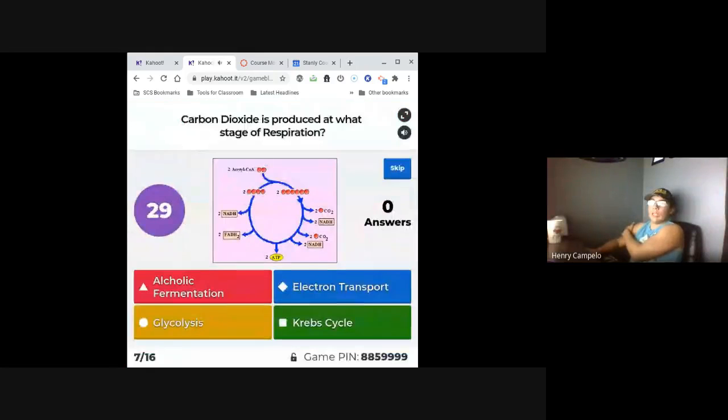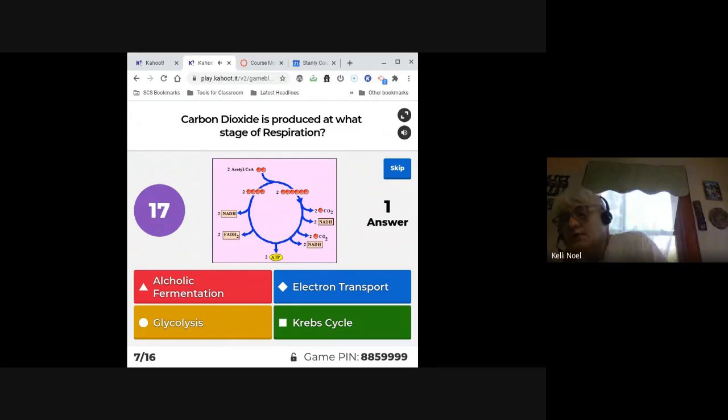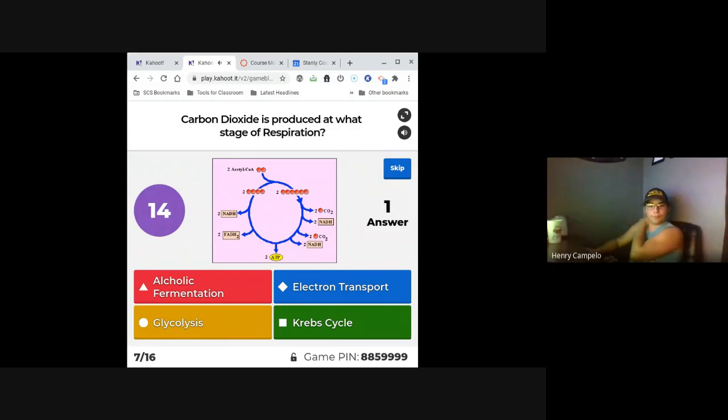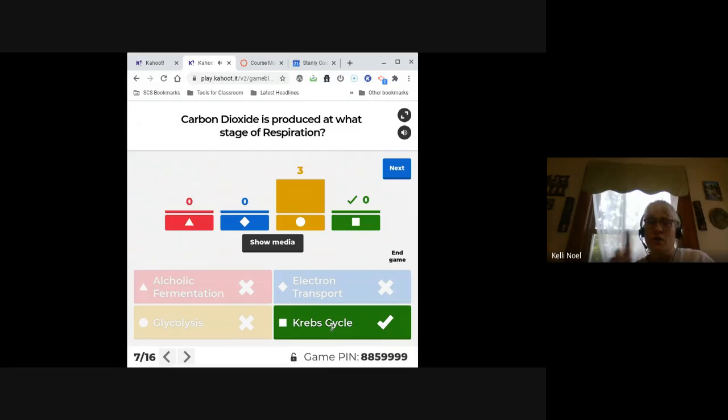Carbon dioxide is produced in which stage? Look at this, kind of get an idea of this picture. You don't need to know all the complicated parts. All right, anytime you see that circle picture, think of a cycle, because a cycle goes round and around and around.